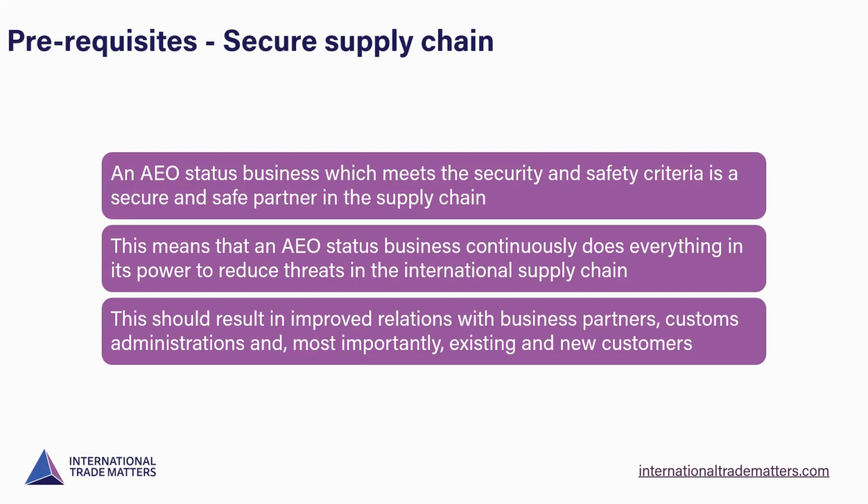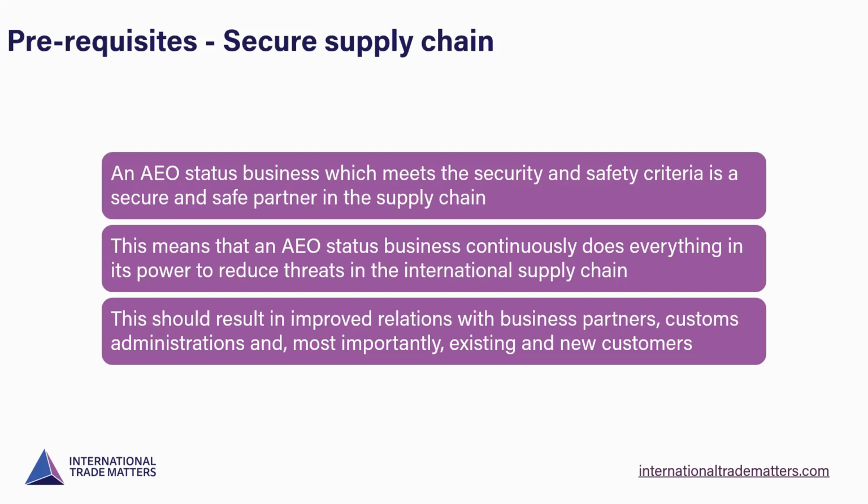The AEO status continuously does everything in its power to reduce threats in the international supply chain. So you're forever reviewing the processes, just like you would for an ISO 9001. It is exactly the same process for AEO.